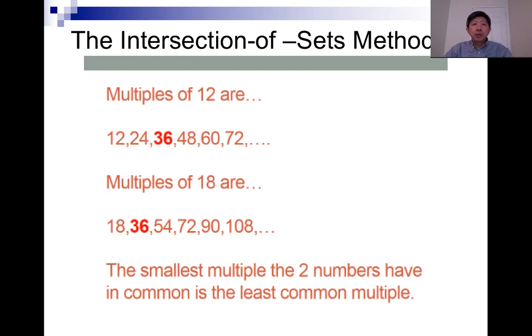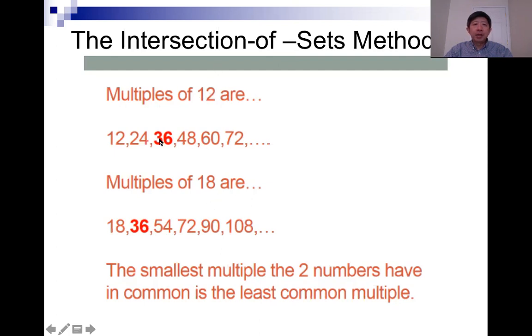Now, LCM means least common multiple, right? So the first method we will use is called the intersection of sets method. Let's say I want to find the LCM for 12 and 18.